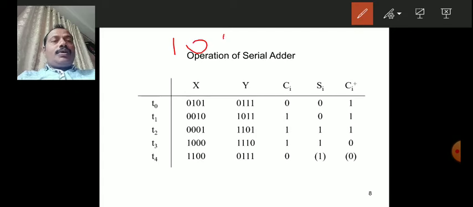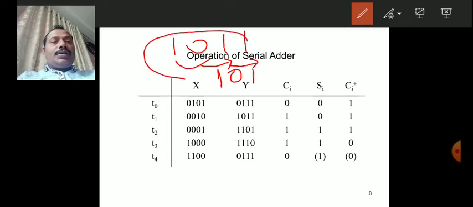Take 1, 0, 1, 1. Rotated means this one goes to here, that means 1. This 0 comes here, that is 0. This 1 comes here, that is 1. This 1 comes here, 1. So 1 1 0 1, that is the single bit rotation. So here we got this, this is the one we got.